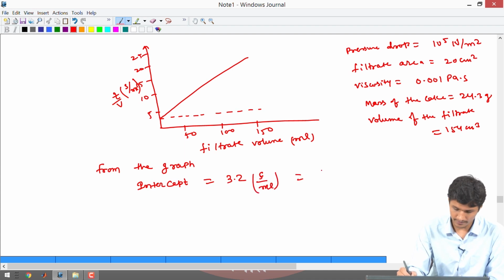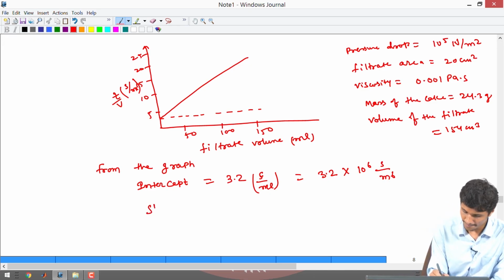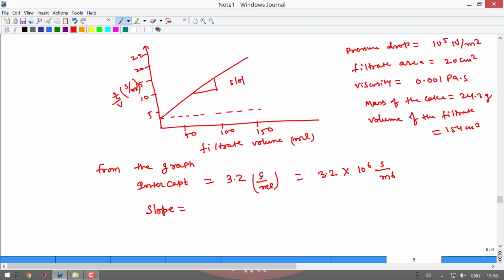In SI unit it will be 3.2 into 10 power 6 second per meter 6, and the slope, if you calculate it, will come about 0.21.